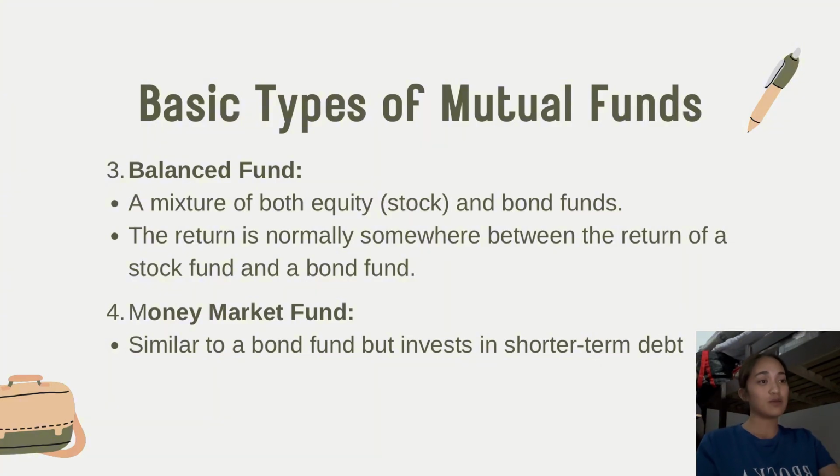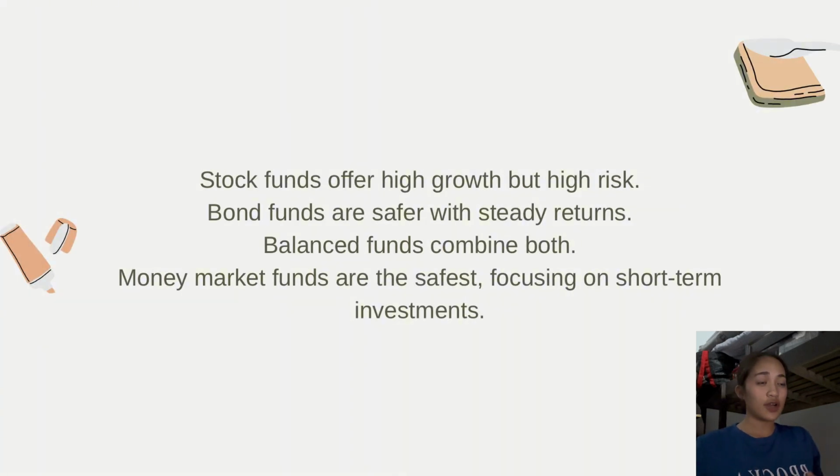And lastly is the money market fund. This is similar to a bond fund but invests in shorter term debt. So stock funds offer high growth but high risk. Bond funds are safer with steady returns. Balanced funds combine both, and money market funds are the safest, focusing on short-term investments.